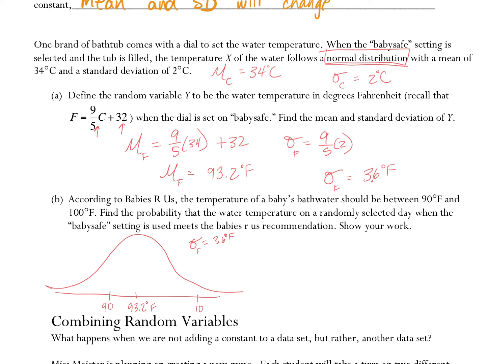Then we find the area between 90 and 100, because in this case we're describing, say, a baby to be between 90 and 100 degrees. And I think 78%. Does that sound about right?